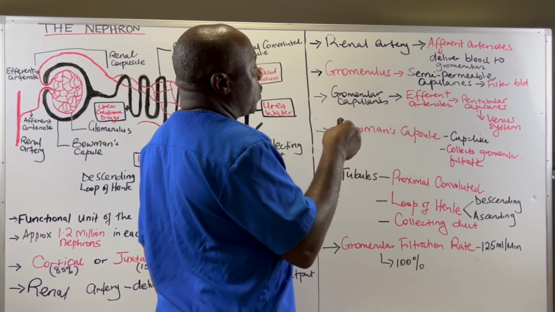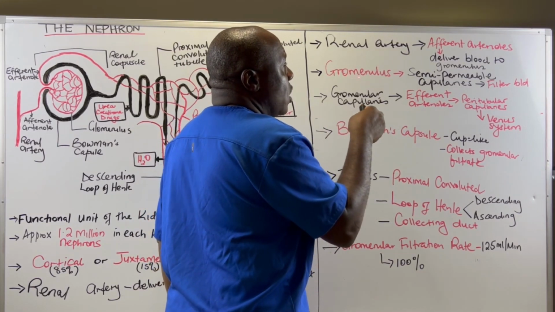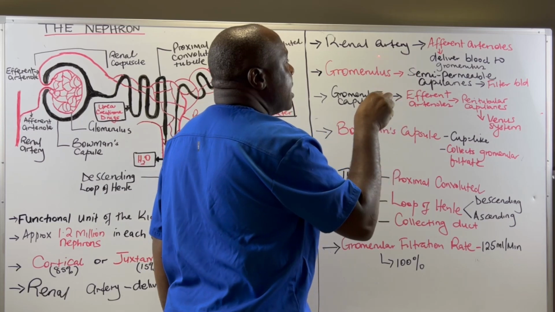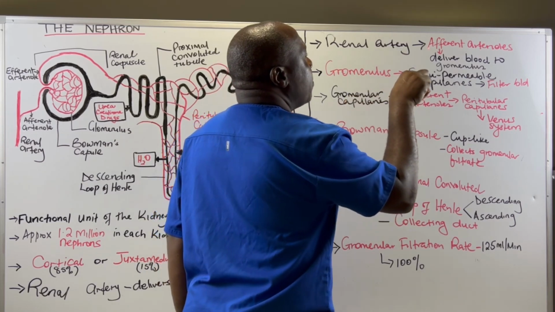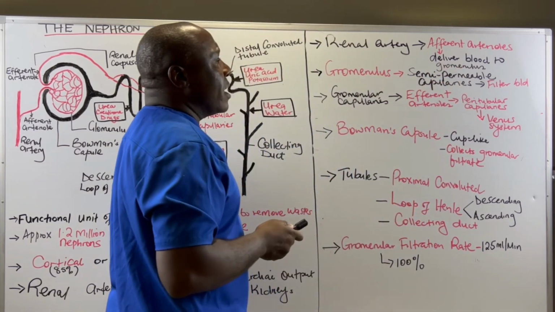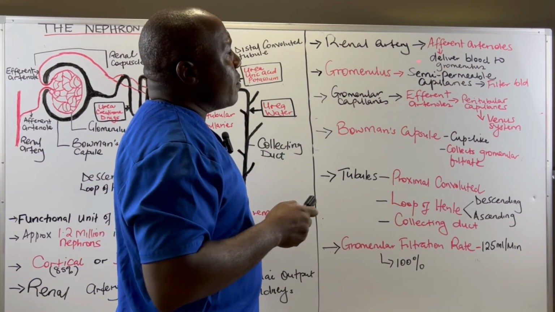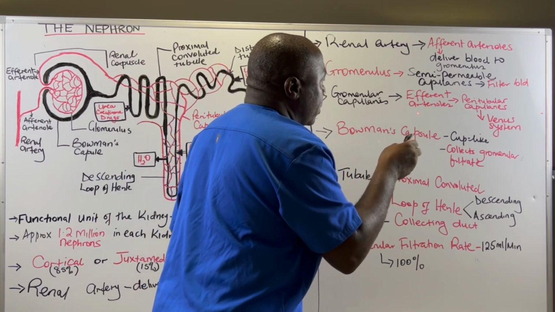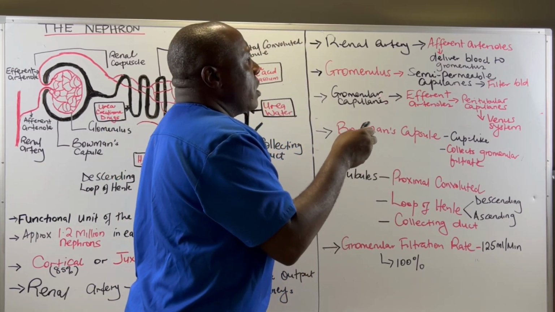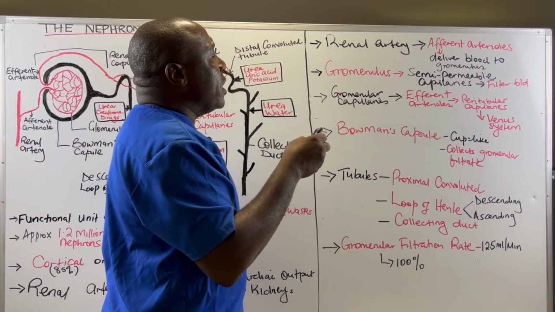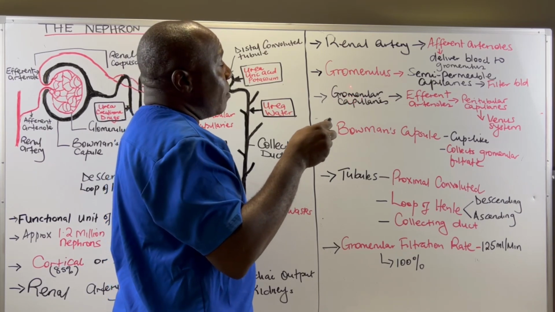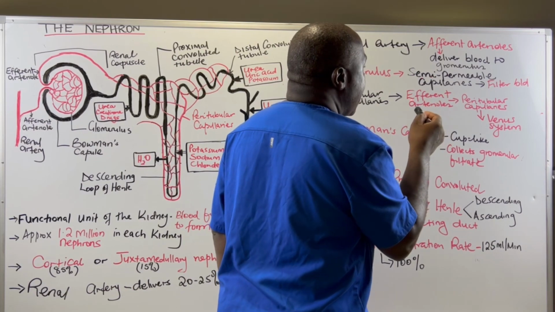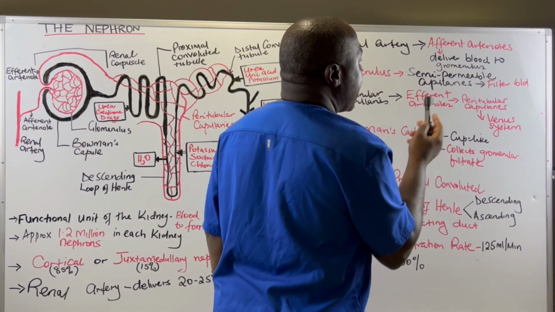So blood filtration is done in the glomerulus, which is made up of a network of semi-permeable capillaries, and this glomerulus receives blood from these afferent arterioles. Now, efferent arterioles are the ones that remove blood from this particular glomerulus. After blood has been filtered, it gets out of the glomerulus via the efferent arterioles.